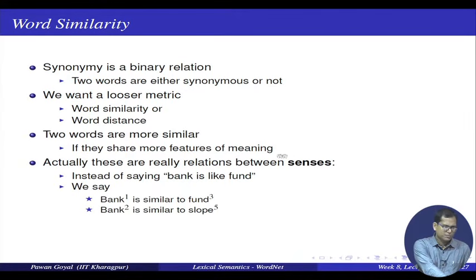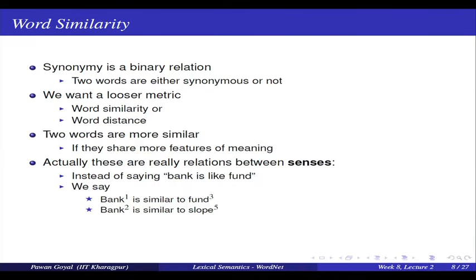Now, one thing that we must keep in mind when we are talking about establishing relations between different entities in Wordnet is that we are talking about relations between different senses and not the words. Because a word might have multiple senses, and the relation that is there in one sense of word one and one sense of another word may not be there in the other senses.